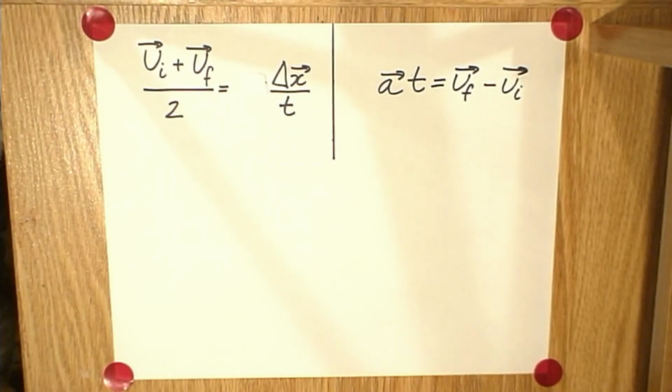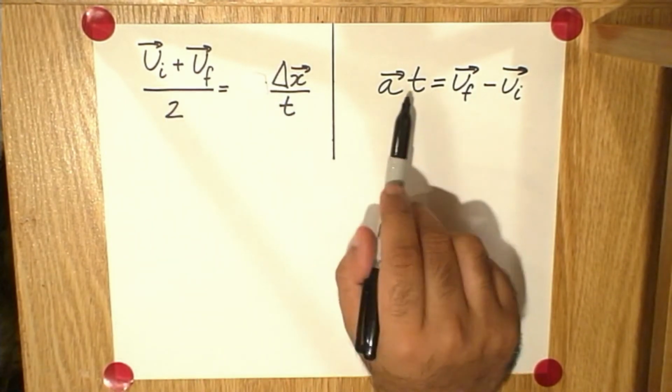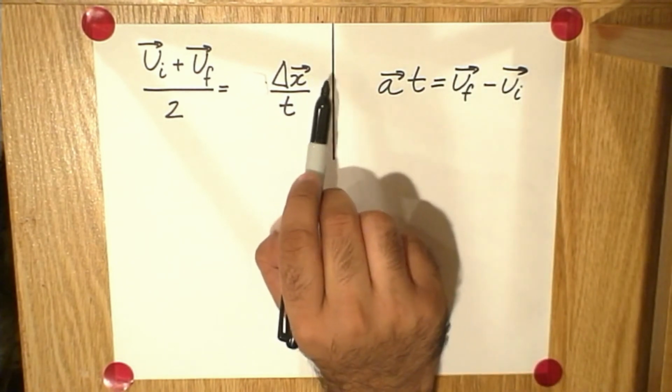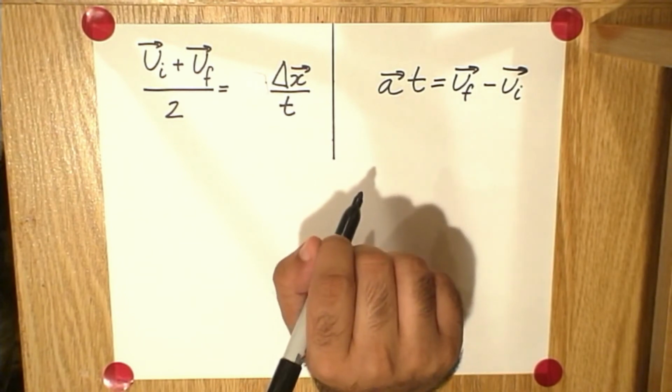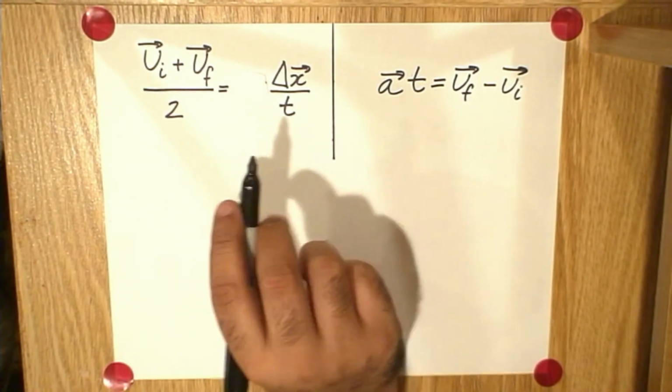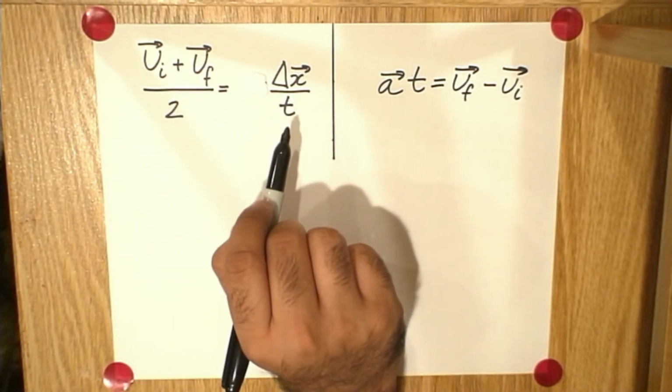The fourth toolbox equation is generated when we take the third toolbox equation and the first toolbox equation, isolate time in both of them, and then combine. So to do that, I will first isolate the time in this third toolbox equation.